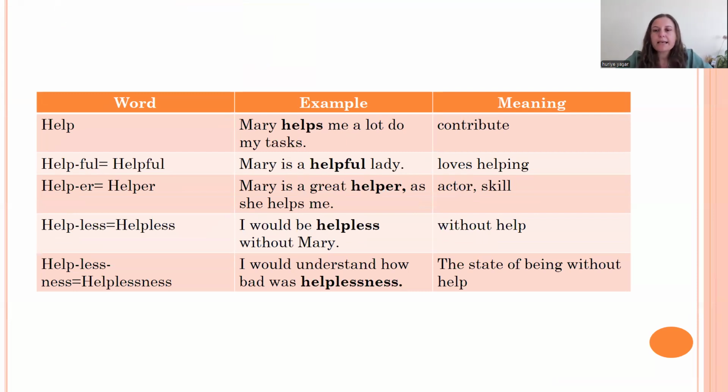Mary is a great helper as she helps me. Helper means a person who does the action of help. I would be helpless without Mary. It means there would be no help. I would understand how bad was helplessness. Now, helplessness is a noun that means the state of being without help.